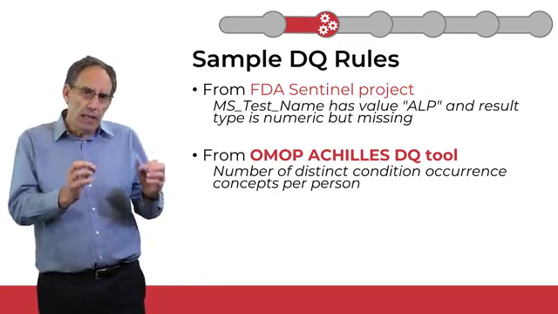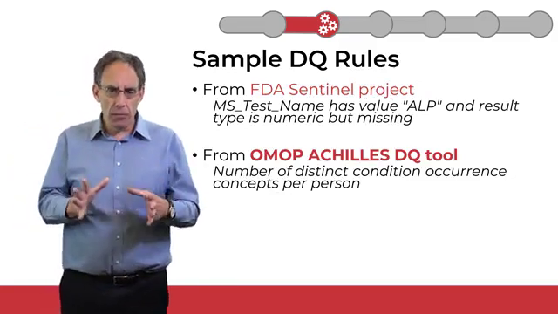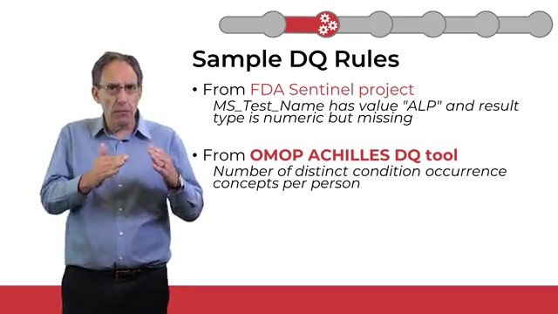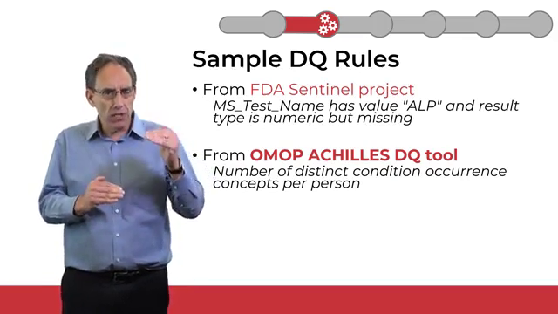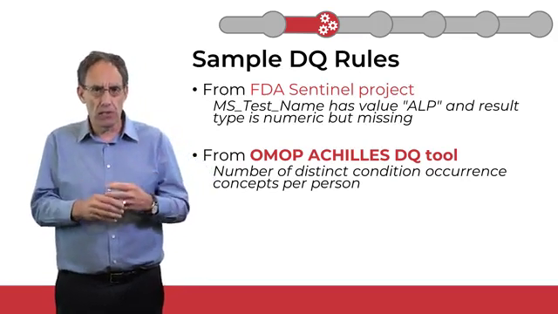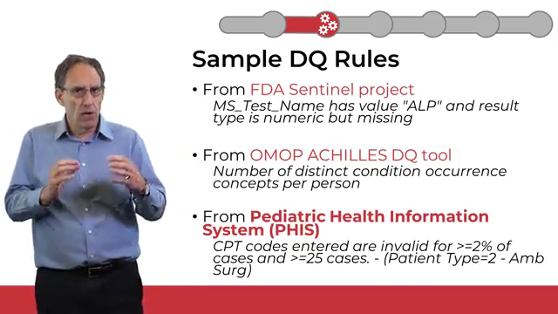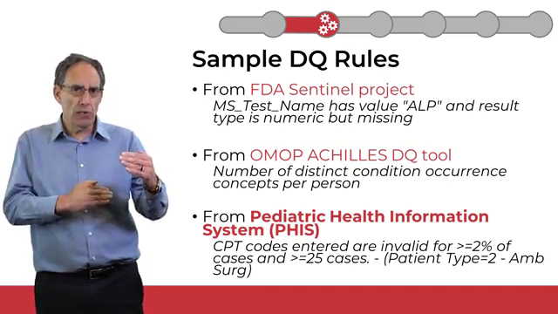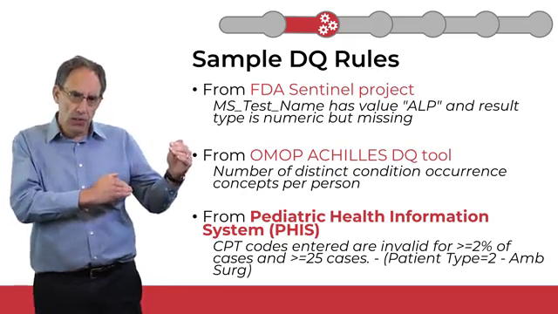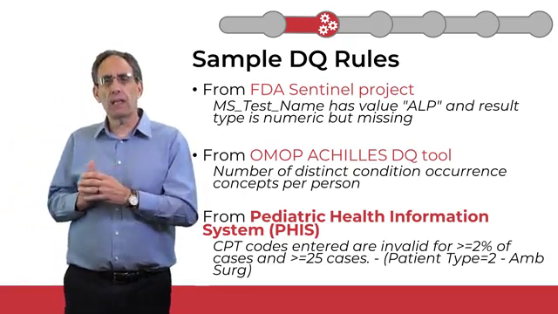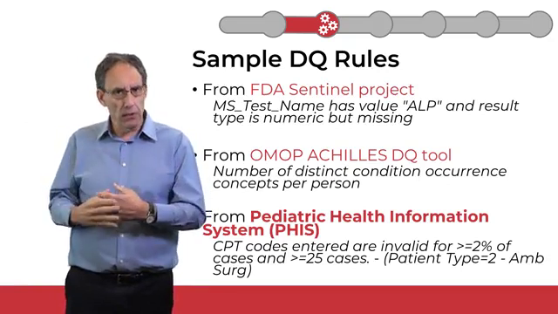The OMOP Achilles rule looks at the number of distinct diagnoses represented as condition occurrence concepts per patient. The Pediatric Health Information System, or PHIS, rule sets 2 thresholds for the percentage and the number of invalid cases before throwing an alert.